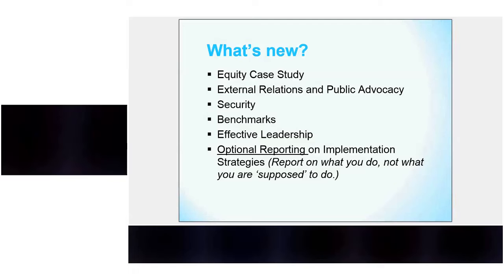This section is now replacing the old section, which was the governance structure as well as risk management and mitigation. It's now believed, obviously, that risk mitigation and management is an element of effective leadership, and therefore will be covered under this box.